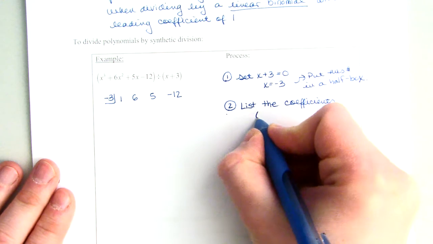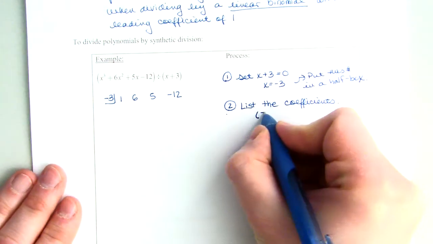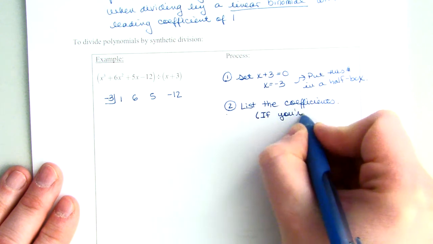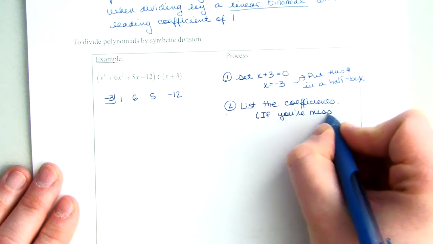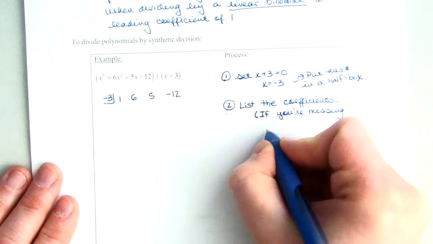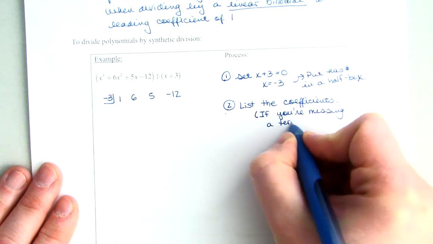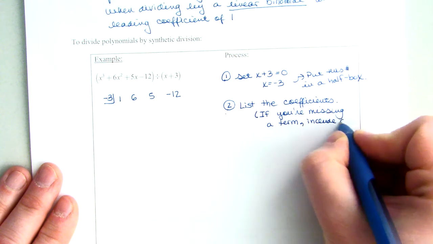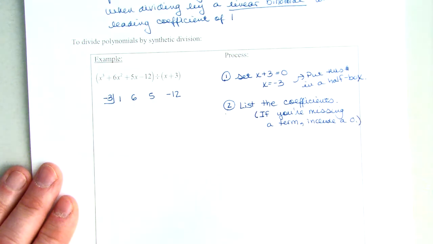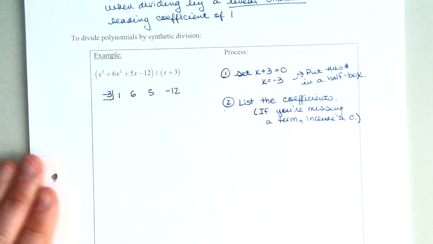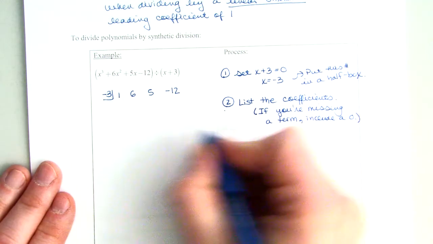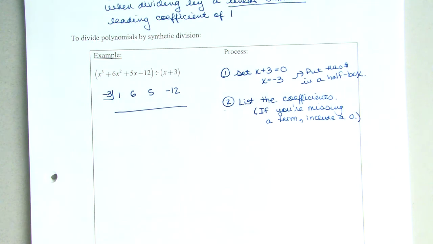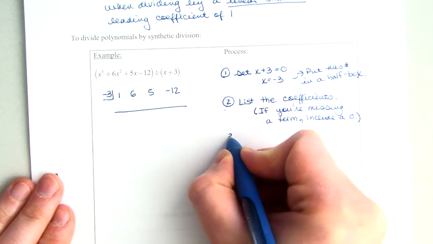So if you're missing a term, we'll just include a 0. We'll see some of those in a moment. I'm going to leave a space, draw a horizontal line, and I have my setup ready to go.